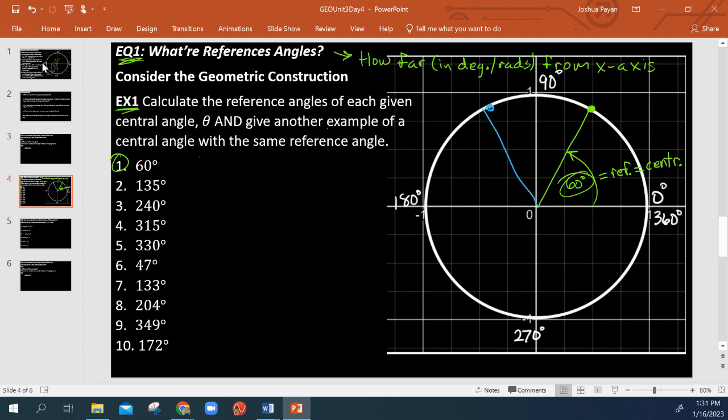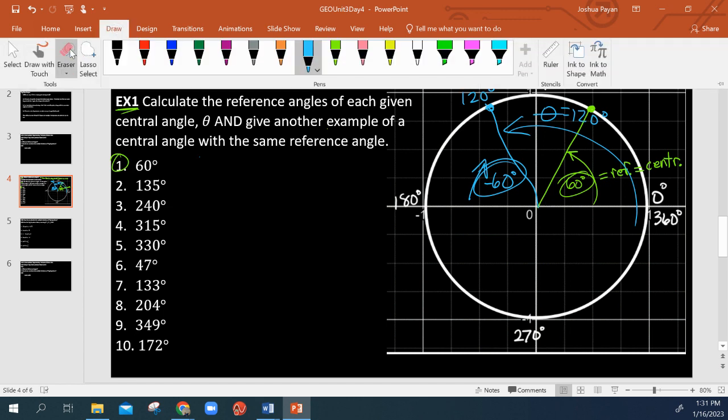That's going to put me at 120 degrees for my central angle theta. So theta in this case, my central angle would be 120 degrees and my reference angle would be 60 degrees again, right? Another example. So let's go ahead and move on to the next one.